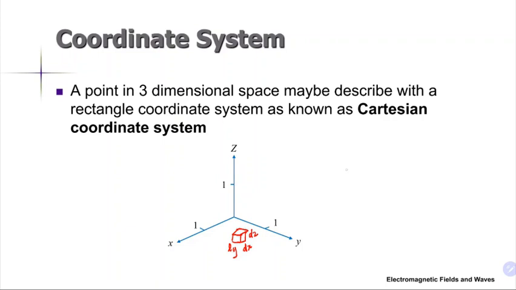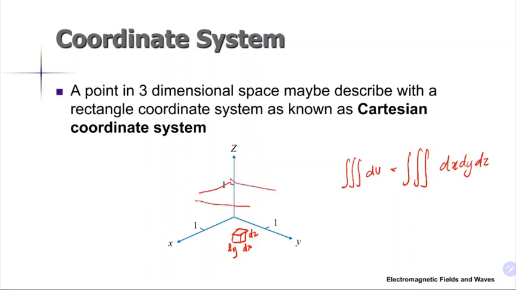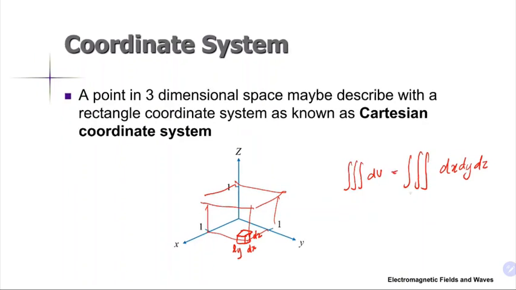To work out the volume, we do a volume integration of dv, the volume of these tiny elements, so we integrate dx, dy, dz, depending on the limits, how big the volume is. For example, with limits from 0 to 1, 0 to 1, 0 to 1, you work out the volume of that cube.